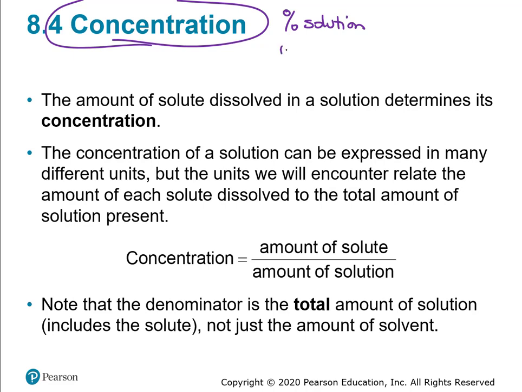We're also going to talk about what is known as molarity. So molarity is talking about how much of a solute is in a solution, but it's based on moles. Remember we talked about moles way back in chapter 3, so we'll have to do a little reviewing for that. The third way we're going to talk about concentrations is what happens when you have really, really small concentrations.